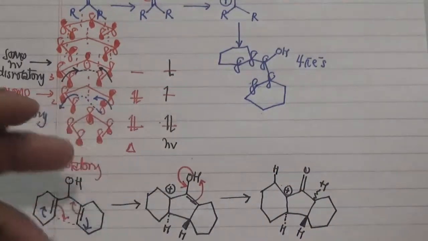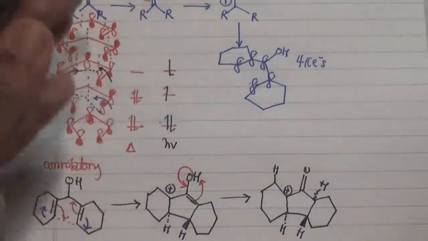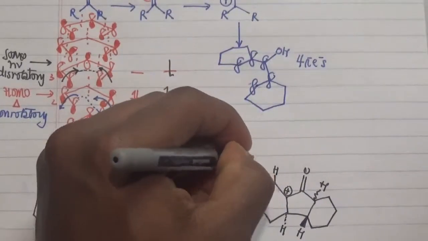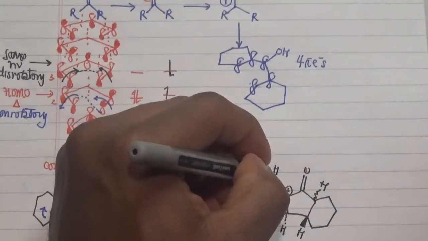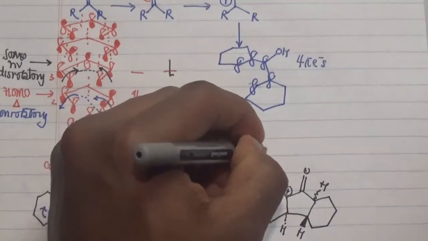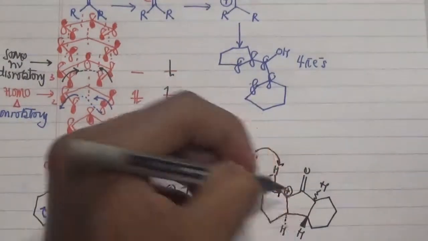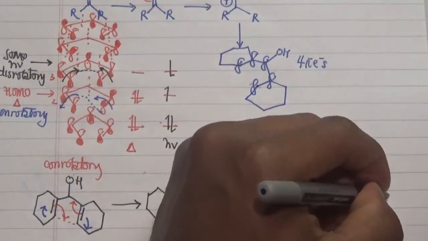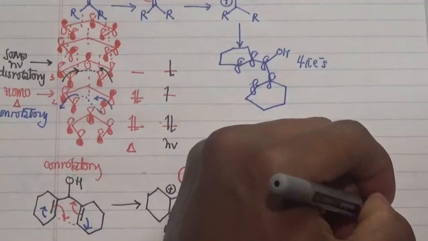But now, since we used an acid initially, the acid now forms a conjugate base, and the conjugate base comes back here and deprotonates this species, and then what we have is the formation of a double bond in here, and this positive charge disappears, and what we get is our target compound or product.